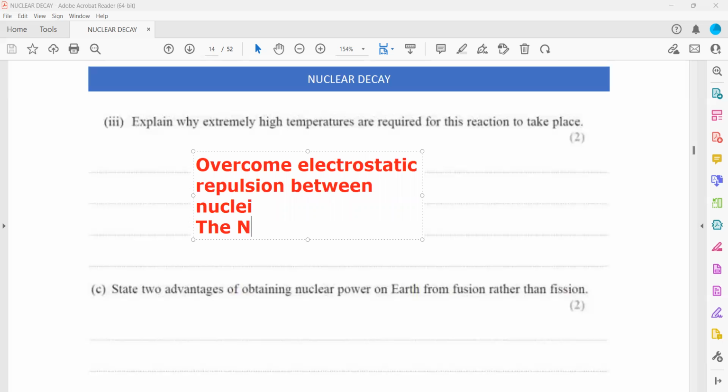The nuclei must have high kinetic energy. That's why we need a very high temperature to fuse them.